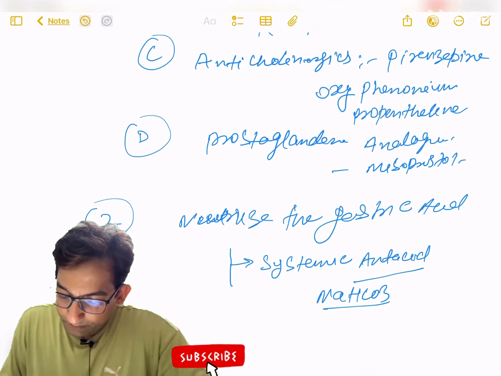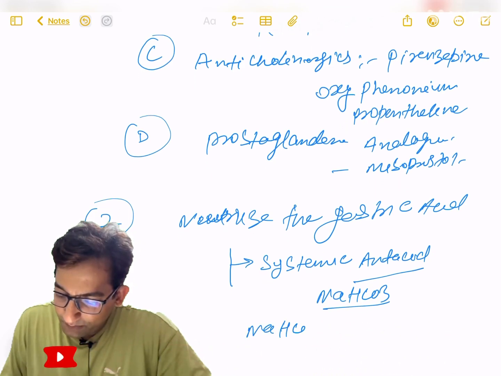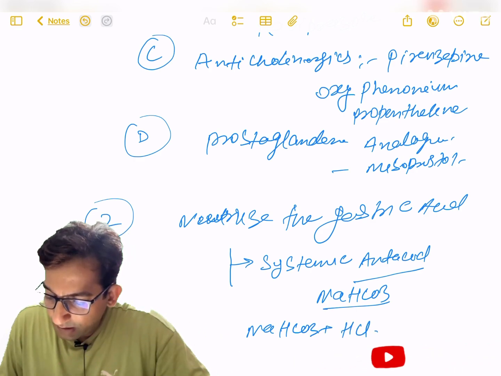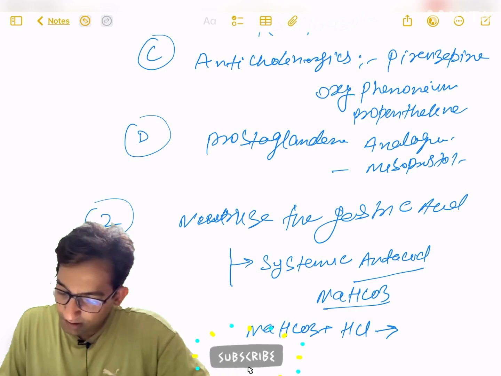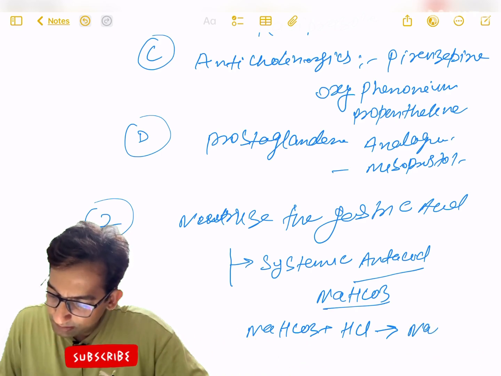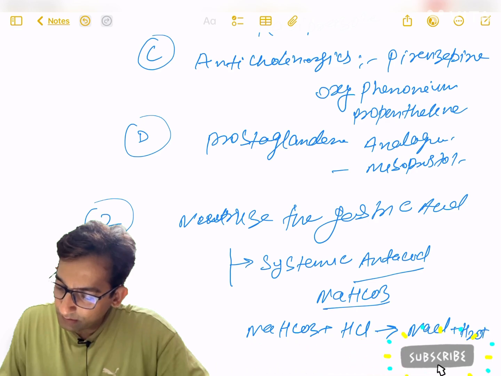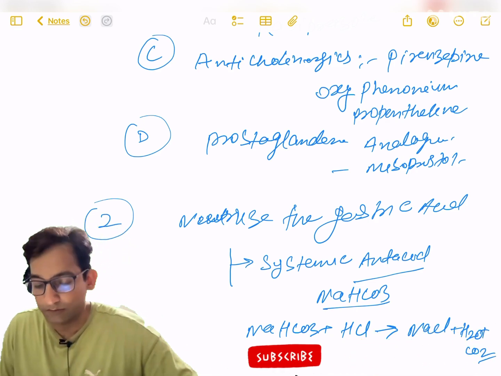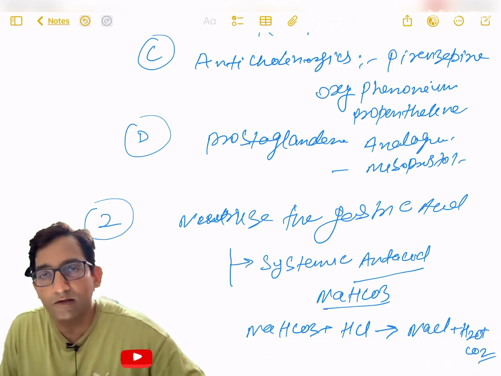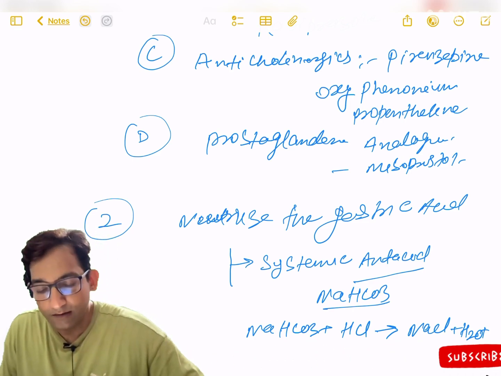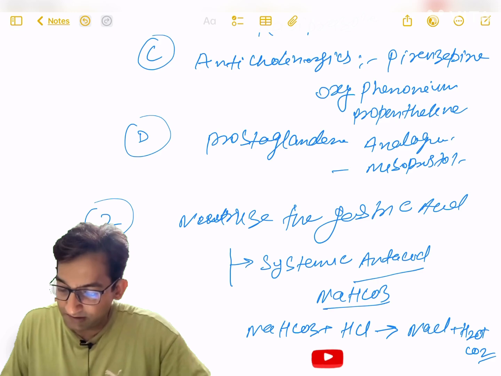Basically, sodium bicarbonate reacts with hydrochloric acid, that is the gastric acid, and forms salt, water and carbon dioxide. So, that means these drugs act by simple acid-base reactions. Okay.